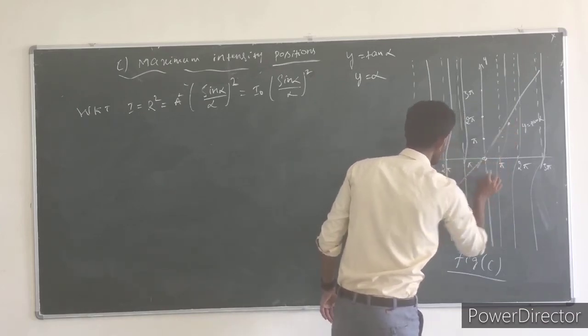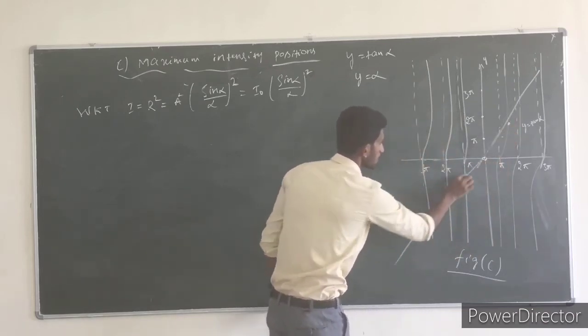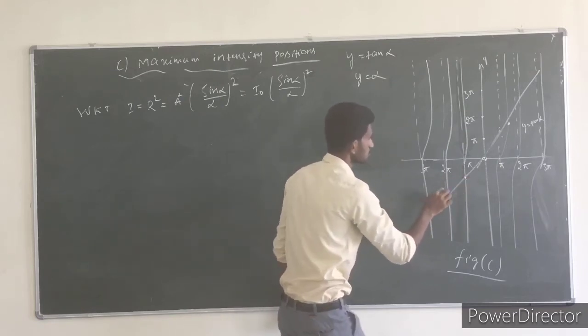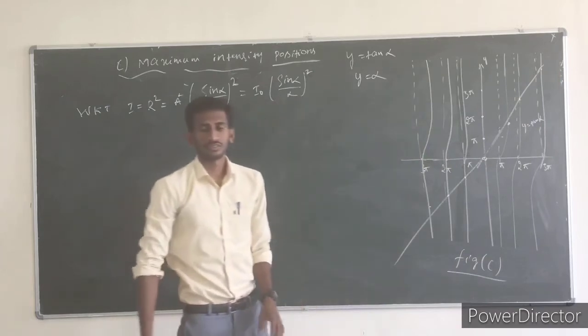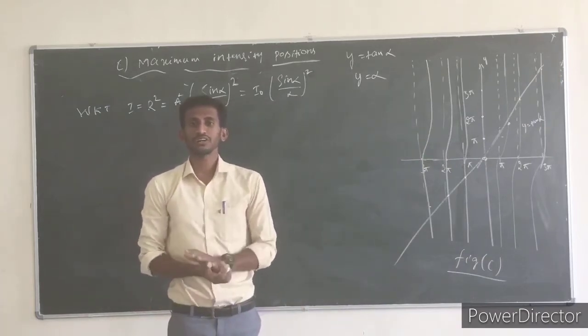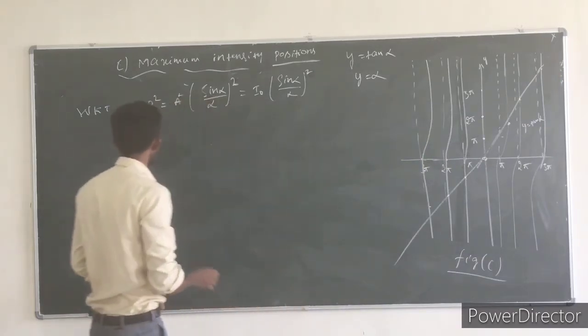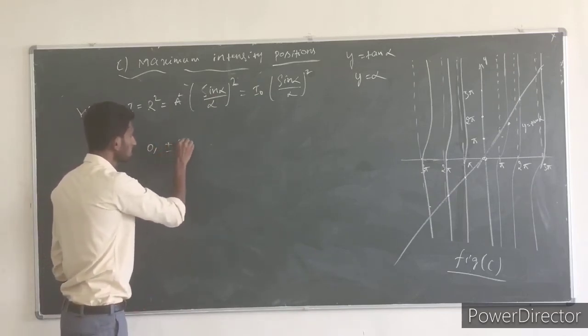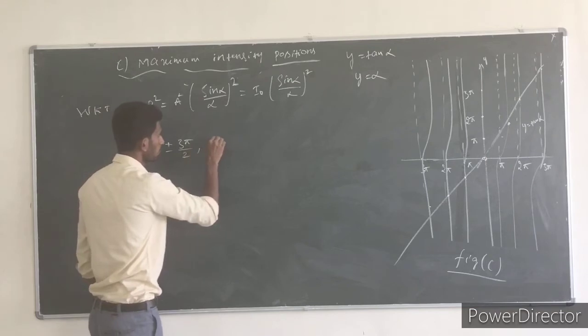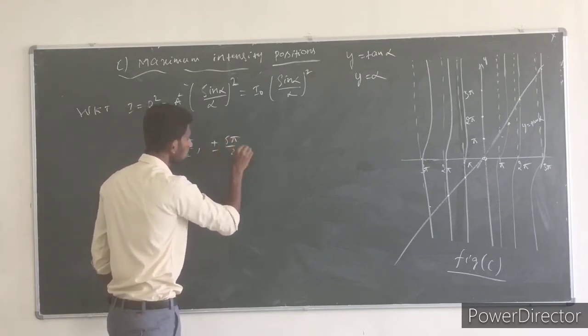So this is 0. Similarly, these are the negative points. So this is a positive point. Now to take the point of intersection. So the points of intersection will be 0, comma plus or minus 3 pi by 2, comma plus or minus 5 pi by 2, and so on.